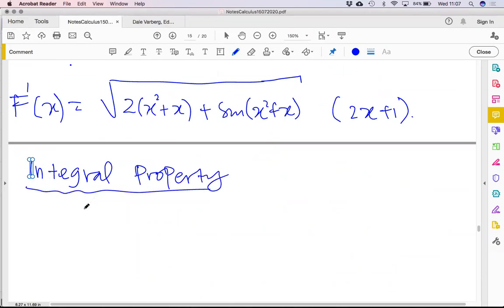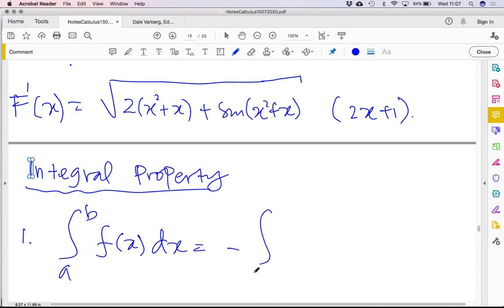So we know that the integral from a until b of f(x) dx is the same as minus the integral from b to a of f(x) dx.